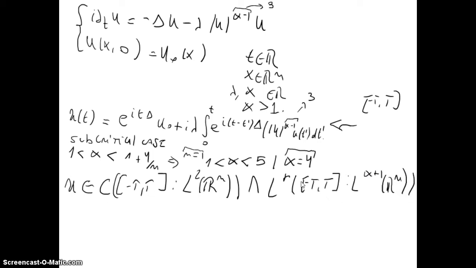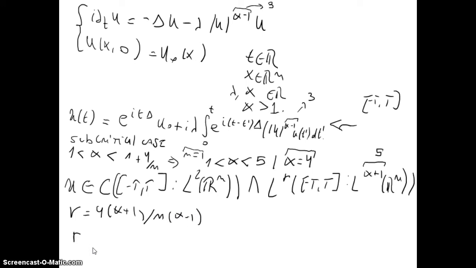So we know alpha is 4, so this is going to be a 5. What about this r? r is 4 times alpha plus 1 over n times alpha minus 1.